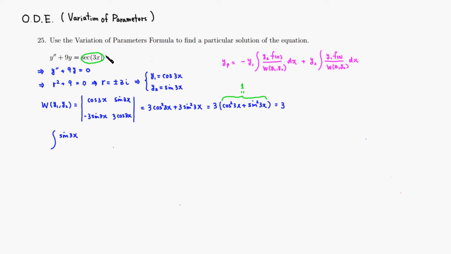This is the f of x in the formula. Secant is 1 over cosine, so I'll write it as 1 over cosine of 3x, and divide by the Wronskian. The Wronskian happens to be 3, so I'm just going to put the 1/3 outside.